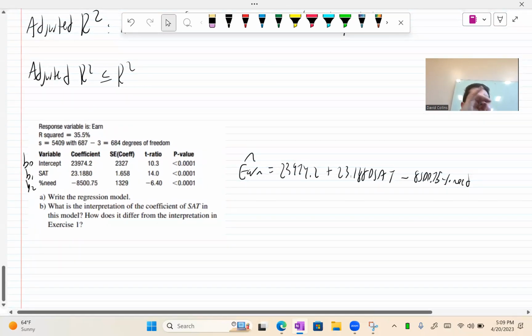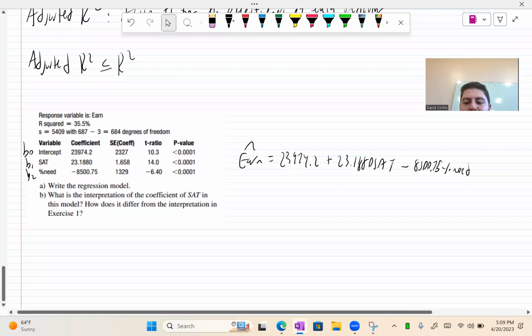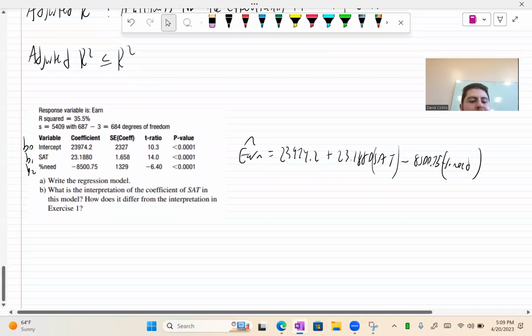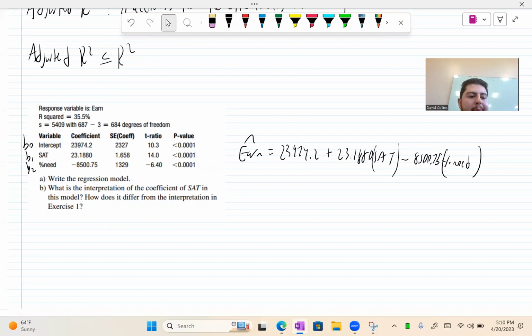Yeah. You have to write SAT and percentage need. You can do X1, X2, but you should define what X1, X2 are, just so we know. But that's what the equation looks like. Right here, responses earn.